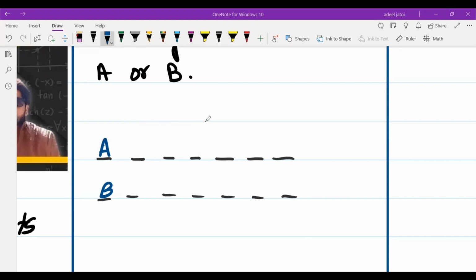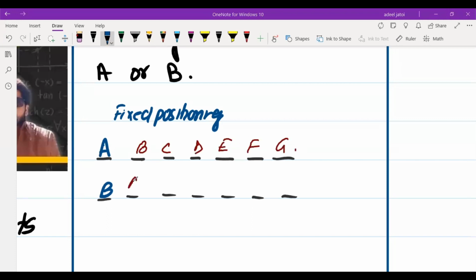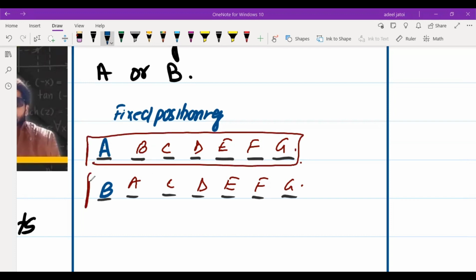So moving to the technique of fixed position here, since this is fixed positioning of A and B, that means your A will not be moved and B will not be moved. But all the other alphabets, such as B, C, D, E, F, G and A, C, D, E, F, G, will be moved and either of them can be followed. Either the first option will be there or the second option will be there. And when you have or, what we do is we add the 2 options together.